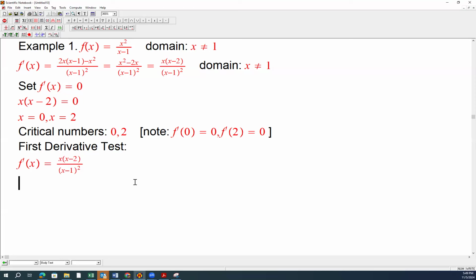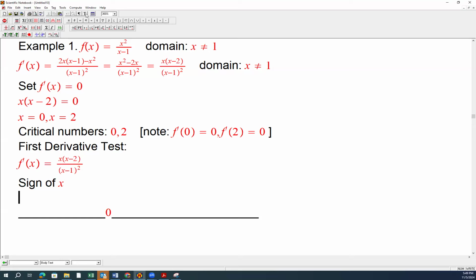And using the same method I showed in class, or use whatever method you feel comfortable, we first determine the sign of x. The sign of x, of course, that's pretty straightforward, right? X changes sign at 0.